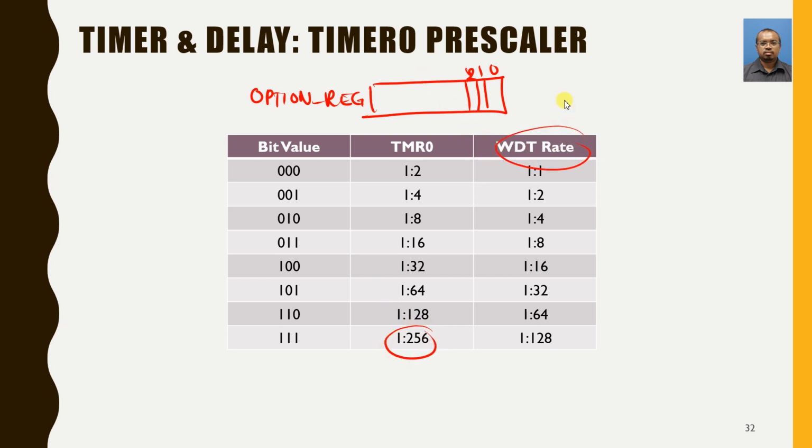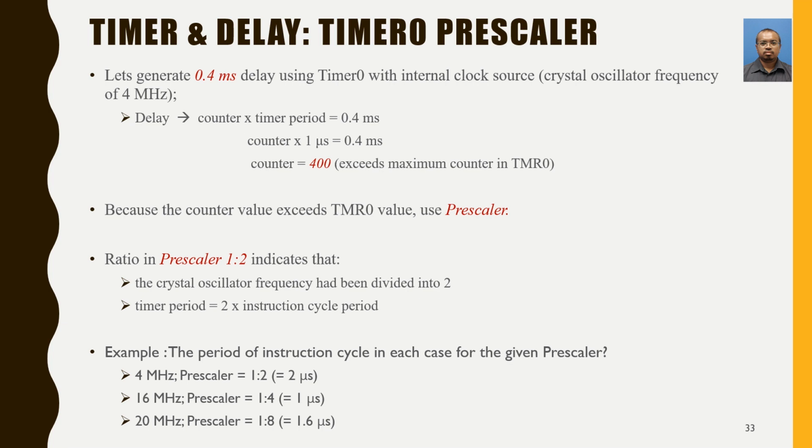The watchdog timer is another thing that you might need to consider when you want to use the watchdog timer. Right, let's try to generate 0.4 milliseconds delay.